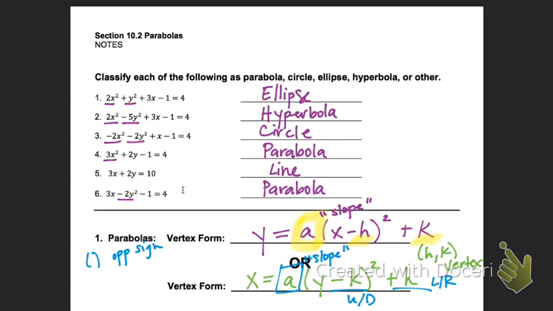So if it's x minus 2, that means I go right 2. Take the opposite sign. But if it's outside of parentheses, it's the same sign. So if it's like plus a number, like it is here and here, it's the same sign.